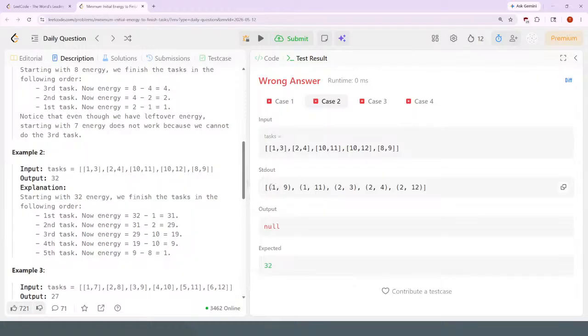Yeah, so this is 1 excess. So it needs to start off with at least 9. 9 is the baseline here. And then from there, what do I do here? Yeah, I kind of want, maybe I do want the cost. That makes this a lot easier for me to parse.